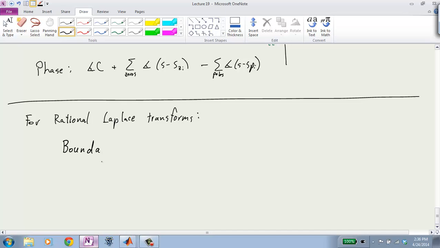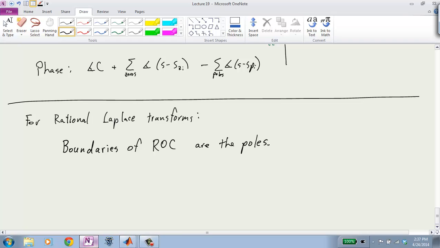Probably someone can guess where they are, because there are certain points in a rational function. The infinities, that means that something didn't converge. So the boundaries of the ROC are the poles. They're always at a pole.